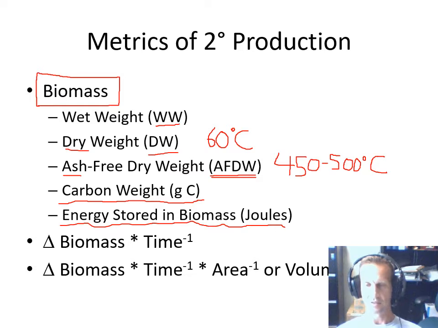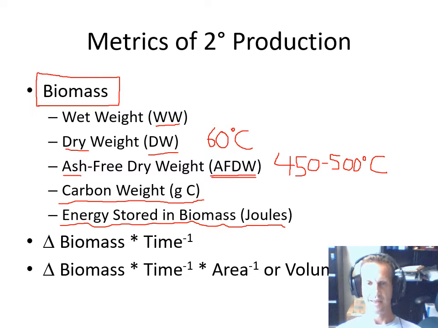As you might have learned in some of your other classes, different types of organic matter contain different amounts of energy. Like a slab of fat contains more stored energy than a slab of muscle tissue. So that can be important to quantify if we're interested in how energy is passing through the food chain, for example.